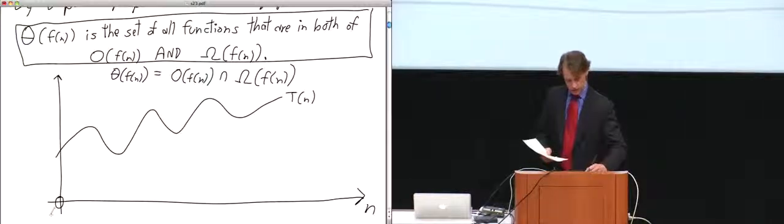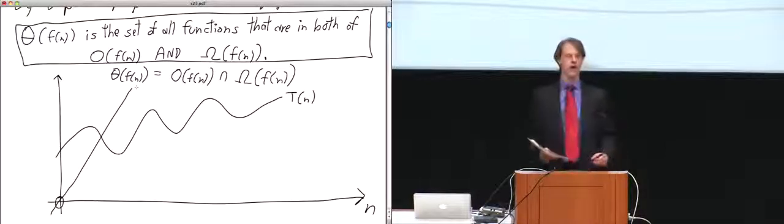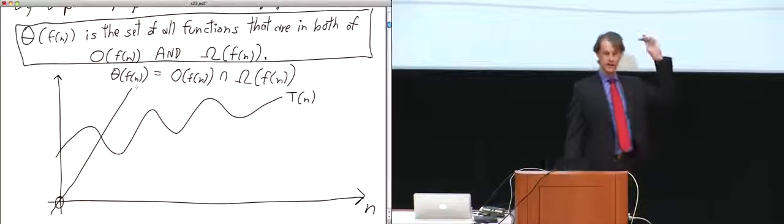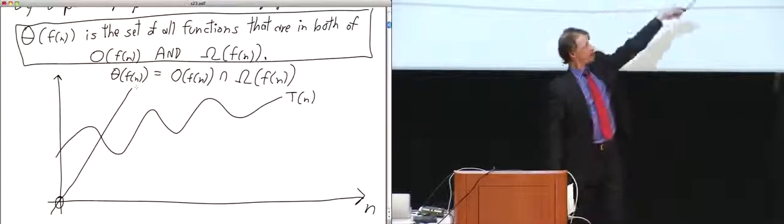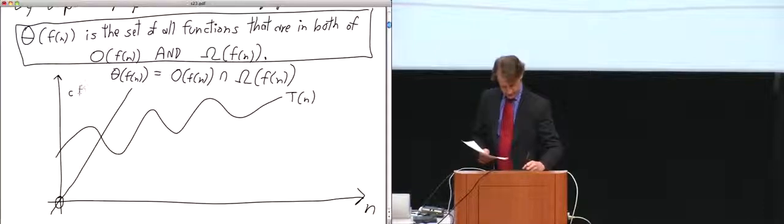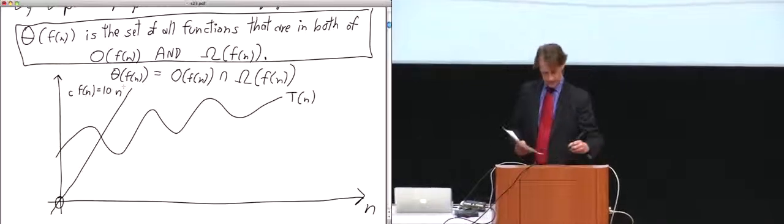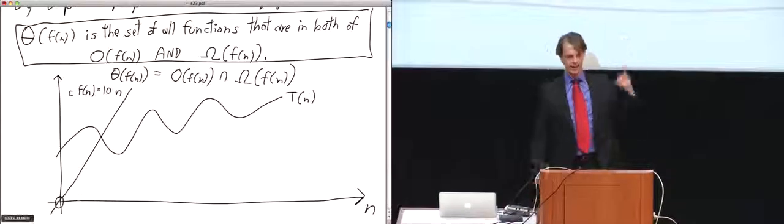So in other words, to show that this function is in big O of n, I need to draw the right line with a big enough slope that the function will always stay underneath that line as n goes to infinity. And so maybe this is c times f of n, where c might be 10. So that line is 10n.